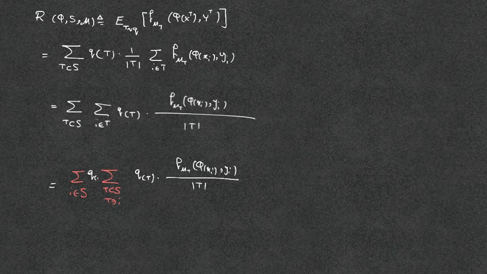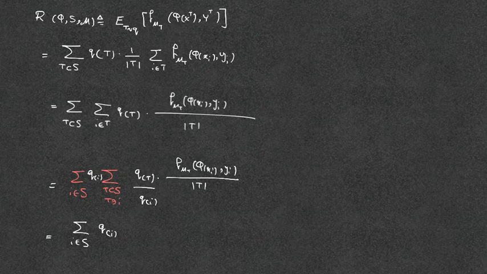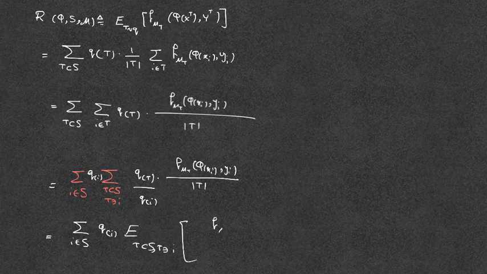Now they can multiply and divide by Qi and write it as for each I in S, they will have Qi, which was marginal probability of choosing a subset T that contains I, and averaging over subsets of S that contain I of this value.